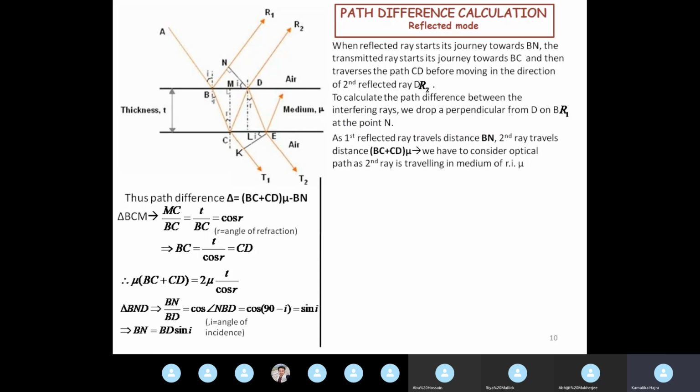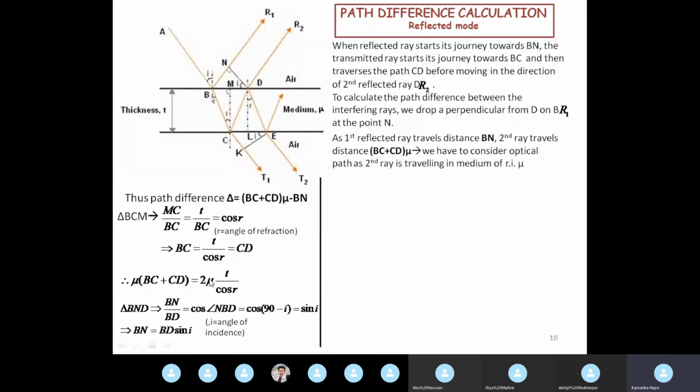Okay. Then we take a look at the triangle BND over here. The ratio BN by BD is cos of the angle NBD, which is cos of 90 minus I, which is nothing but sin I. So BN is equal to BD sin I. So we required BC plus CD into mu, and we required BN.